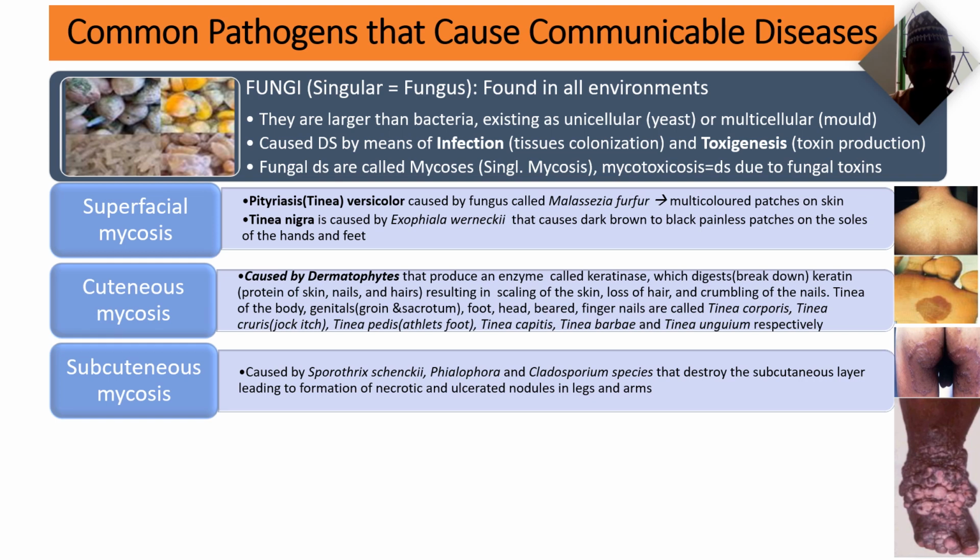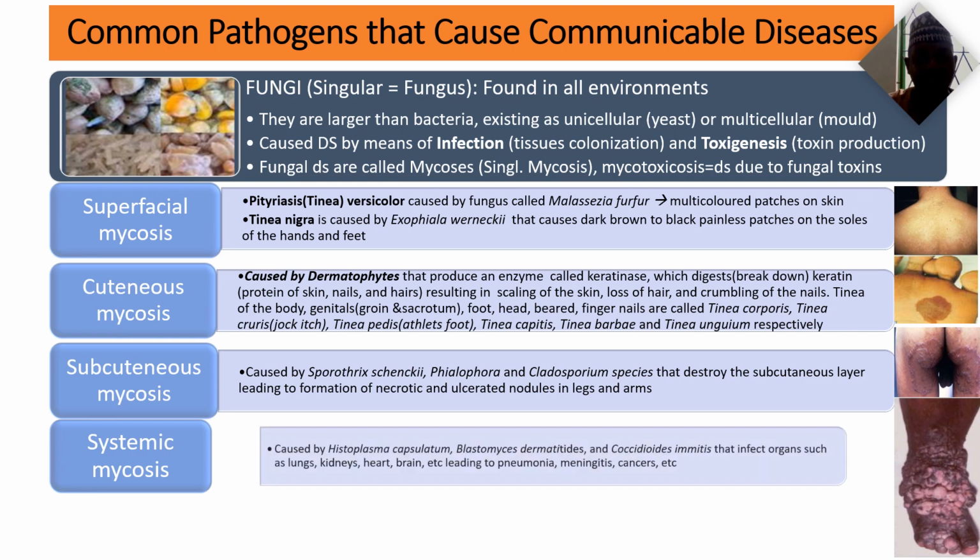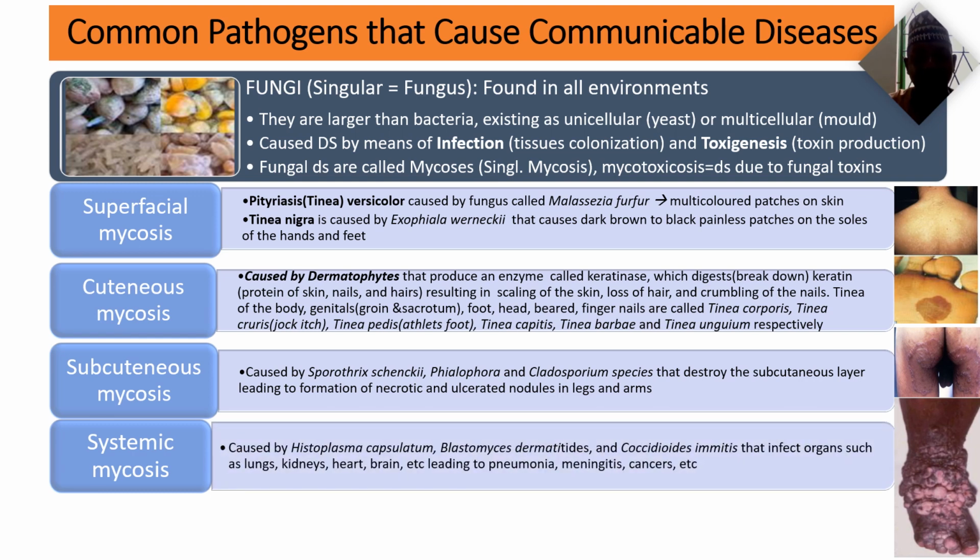and so on. Now, the next type of fungal infection is one that occurs within the body organs, within the body system, and therefore it is called systemic mycosis. This fungal infection is commonly caused by fungi such as Histoplasma capsulatum, Blastomyces dermatitidis, and Coccidioides immitis.